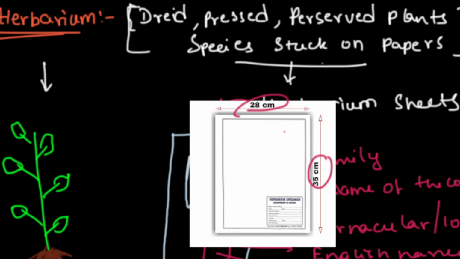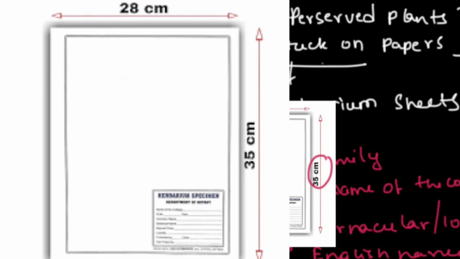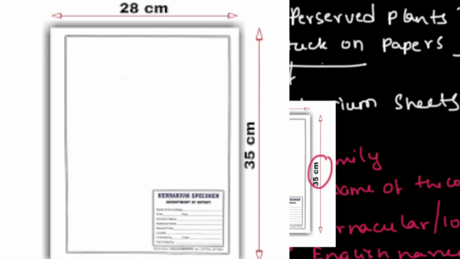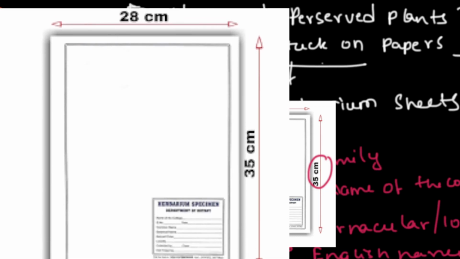So I'm trying to add an image. Now I hope you are able to see it. So this is the label of the herbarium sheet, which you're seeing in the right corner below. And these are the dimensions of the herbarium sheet, guys. So this is how a typical herbarium sheet looks like.